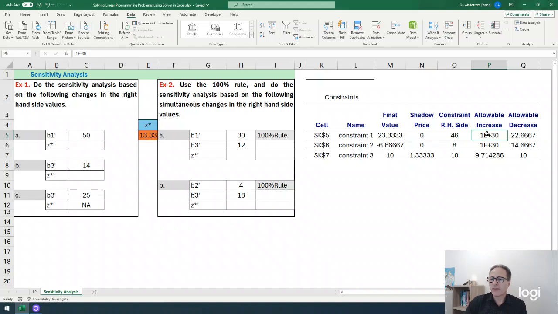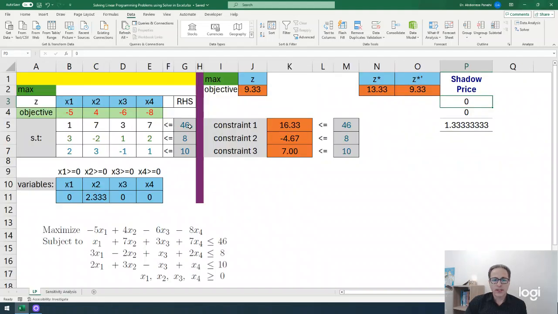Any number you give, since shadow price is 0, there will be no change in the objective. Let's just see one example. Instead of this 46, I consider 460. Because it is in the allowable range, because I can increase up to infinity. But if we solve the problem, we predict that there will be no change in the objective.